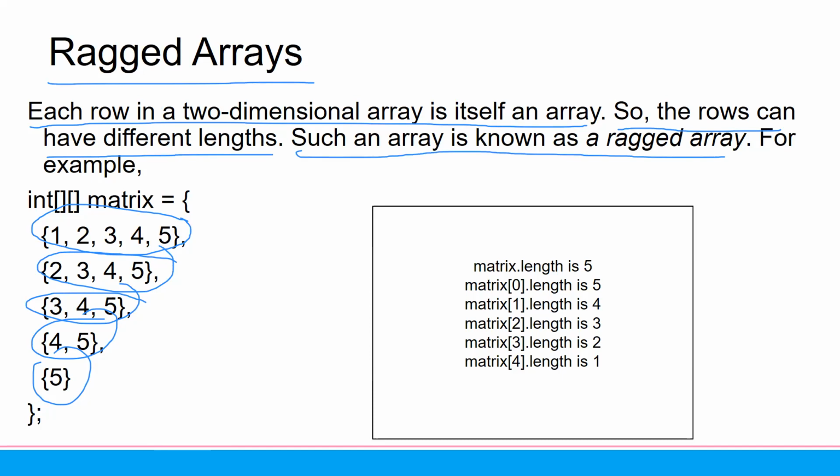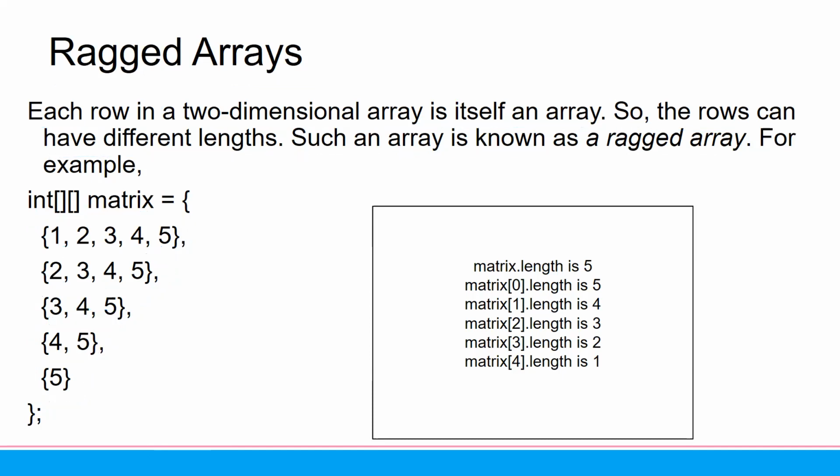So this is an example. I have a matrix, and I just want to consider what we usually call a triangle matrix. In this case, the matrix length is 5 because we have 1, 2, 3, 4, 5. We have 5 rows. What is the matrix 0 length? In row 0, we have 1, 2, 3, 4, 5, so there are 5.